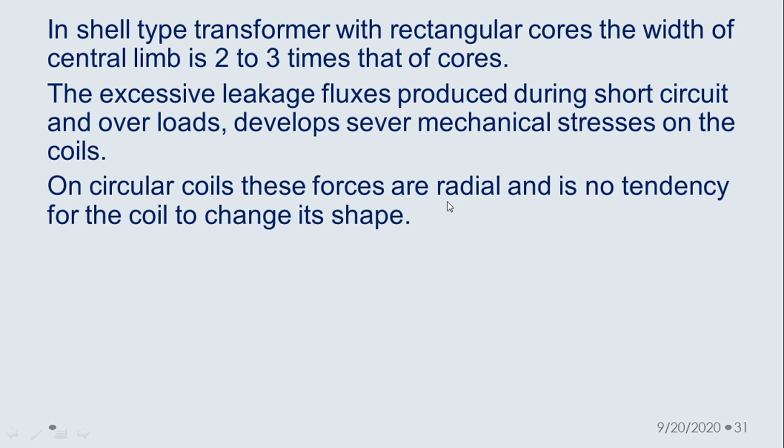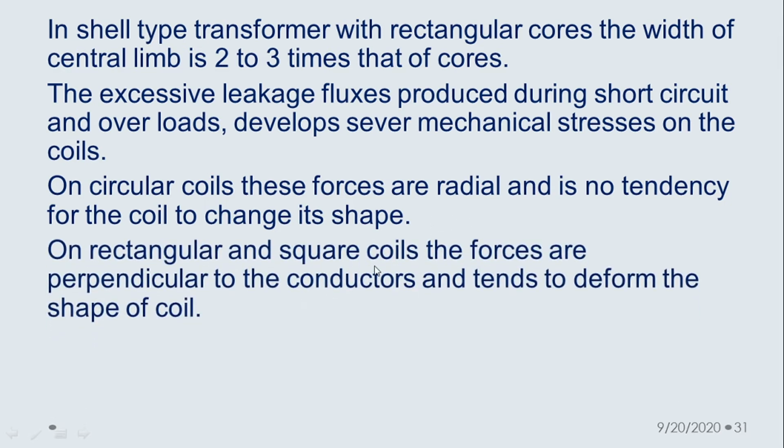If you choose circular coils, then these forces are radially distributed, and there is no tendency for the coil to change its shape. If it is a circular coil, there is no change in the shape of the coil, and the forces due to the overloads and mechanical stresses will be distributed radially.